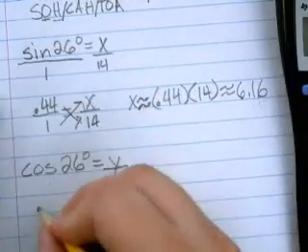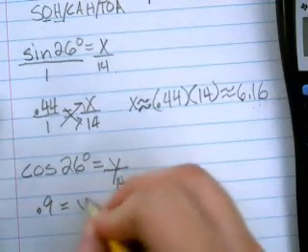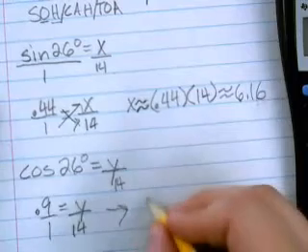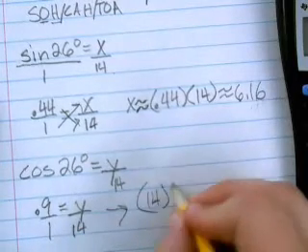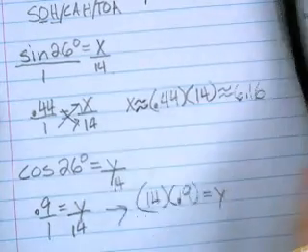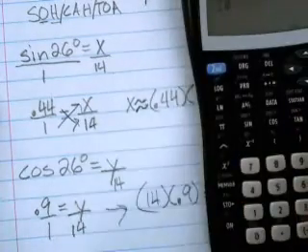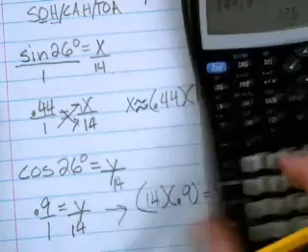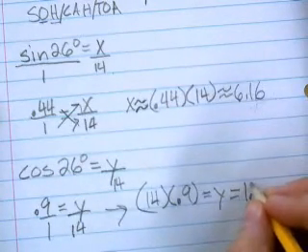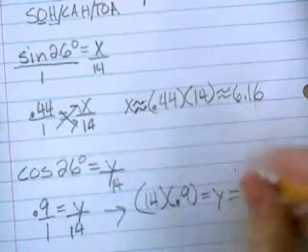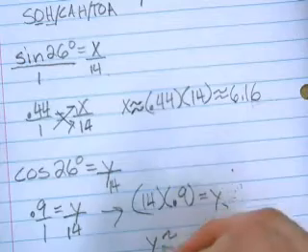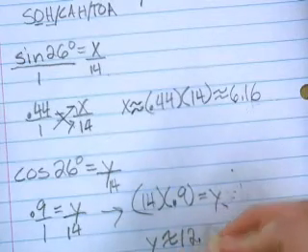So we're going to say 0.9 is equal to y over 14. I'm going to cross multiply, and I get 14 times 0.9 is equal to y. So that's approximately 12.6.